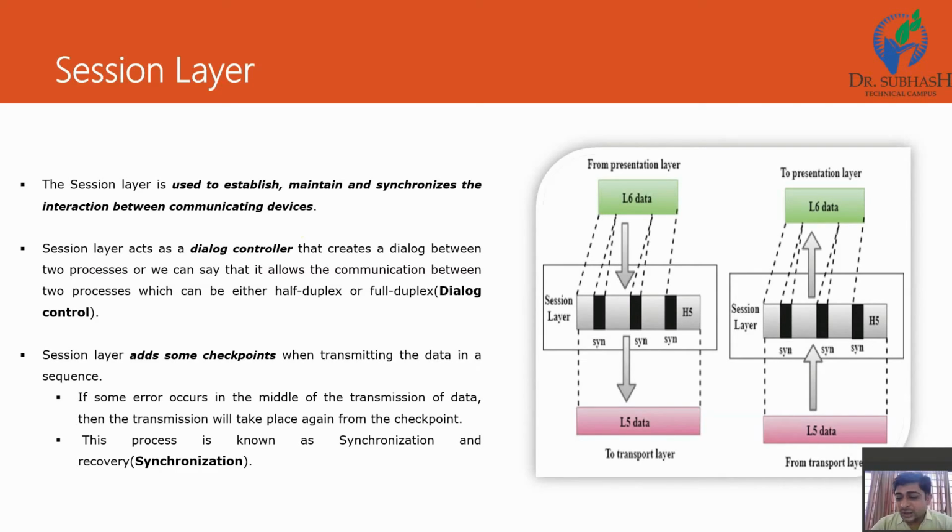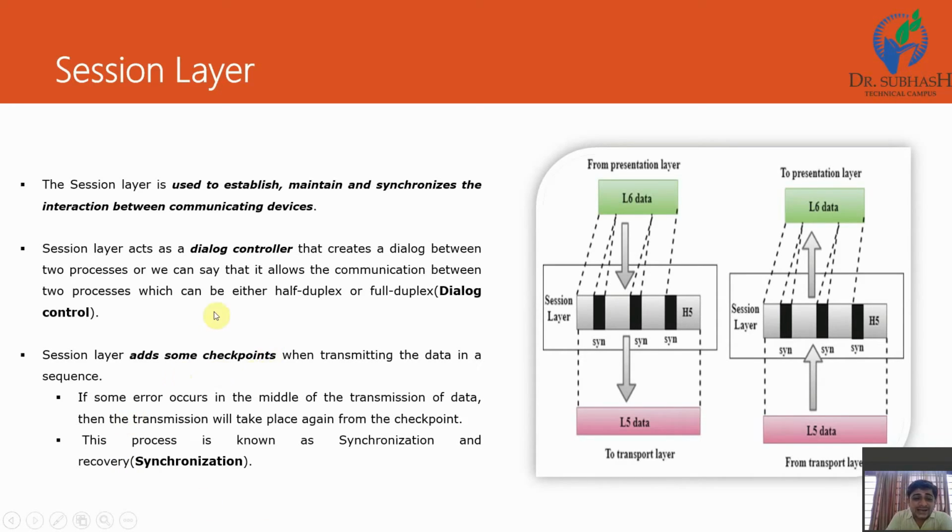Data transmission may be performed between two workstations or to any peripheral devices. So what is the task of the session layer? First, establish the session, maintain the session and synchronize the interaction between communicating devices.